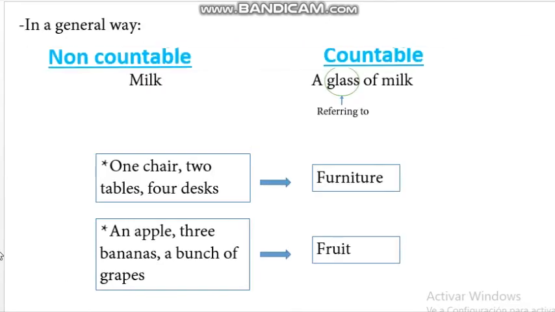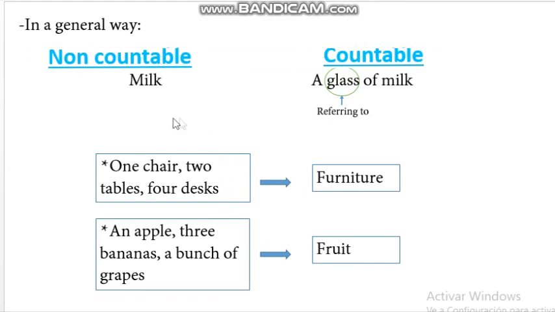Okay, so we are going to talk in a general way. If we say in a general way milk, for example, this noun is uncountable. But if we say a glass of milk, we are referring to the glass, so it is countable. The same happens with one chair, two tables, four desks. All of these things are countable.